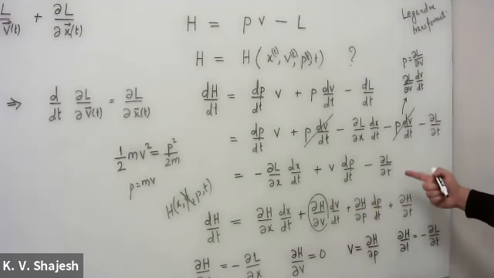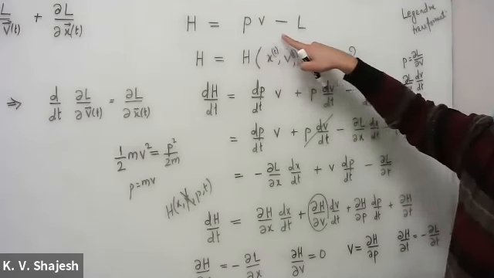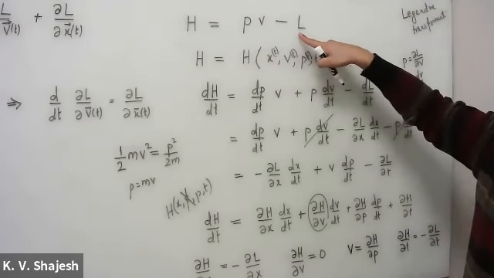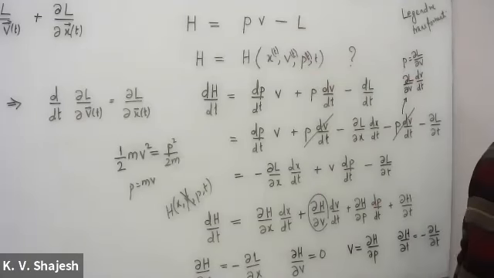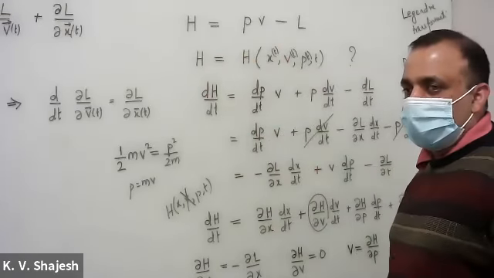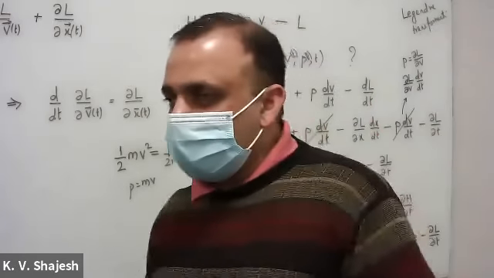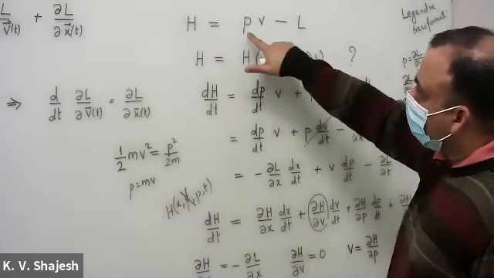It's basically this construction that kills the velocity dependence. The Hamiltonian is built by construction so that it does not have any velocity dependence. It is not a definition; it is by construction, the way you define it.